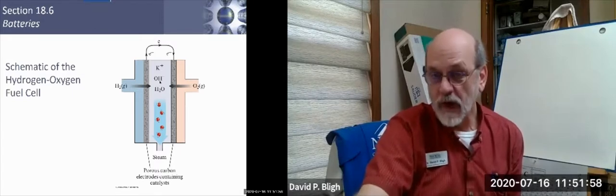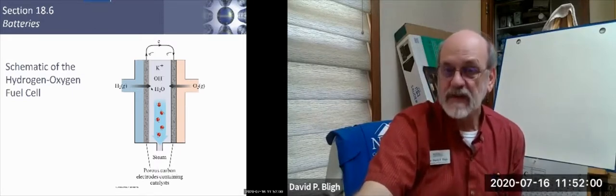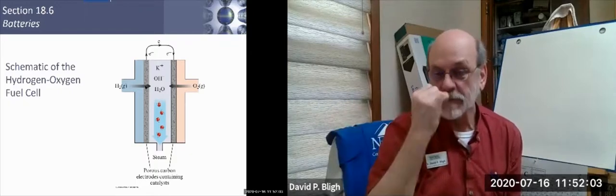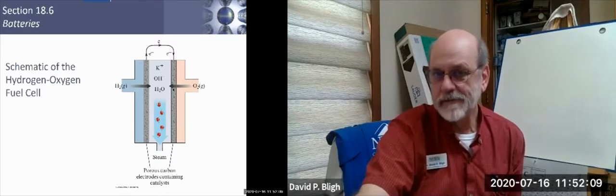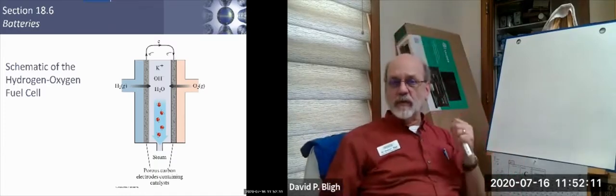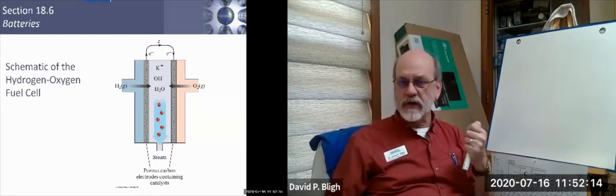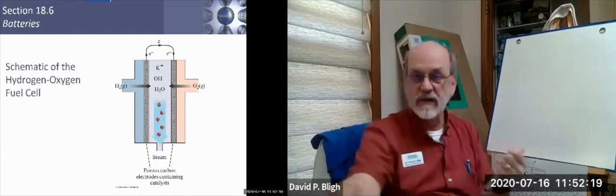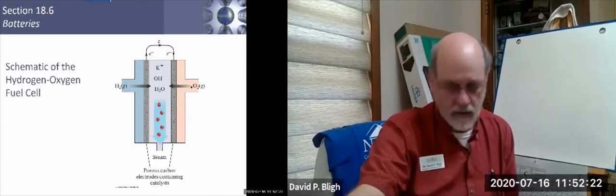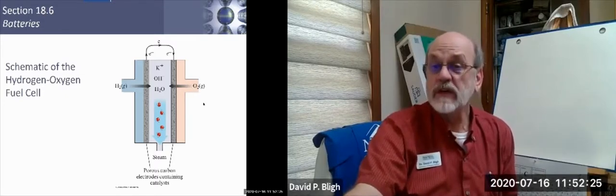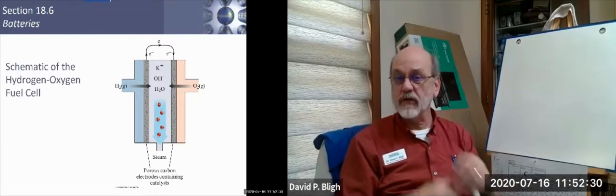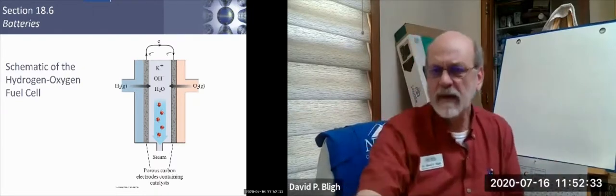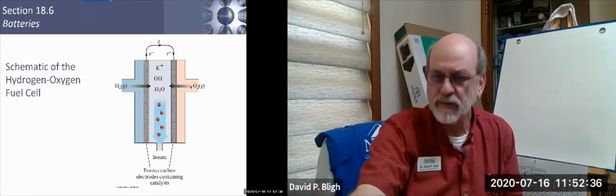And when they are combined that way, we can access the electrons that are being used in the anode and sent over to the cathode. So a fuel cell will produce a voltage in the external circuit, and as long as you keep supplying hydrogen and oxygen on either side, the cell will continue to function. So it's not like a dry cell battery that eventually runs dead and you throw it away. A fuel cell will run indefinitely as long as you keep supplying reactants.